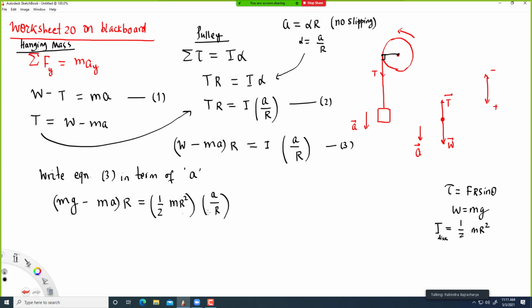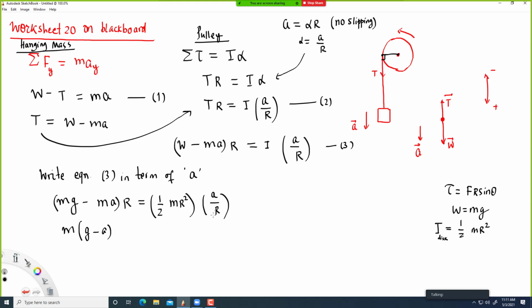So again, all we need to do here is write this in terms of A. So we need to find an expression for A. So let's simplify everything. You can take this r to this side. There is m and m, so you can take m out of the parenthesis, m (g minus a), and then multiply both sides by r.